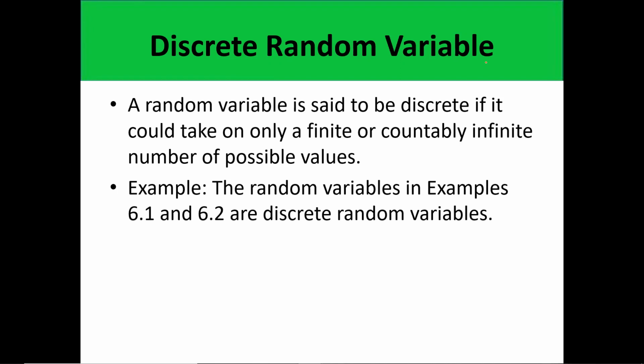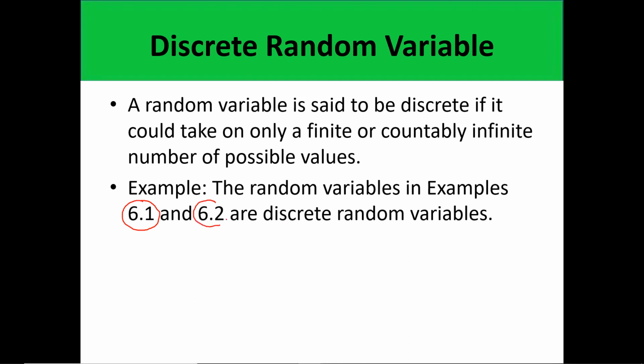The random variables in example 6.1 and 6.2 are discrete random variables. Recall that in example 6.1, the random variable is the sum of the top faces of the pair of dice. So those numbers 2, 3 up to 12 are numbers resulting from counting. Therefore, it's a discrete random variable.